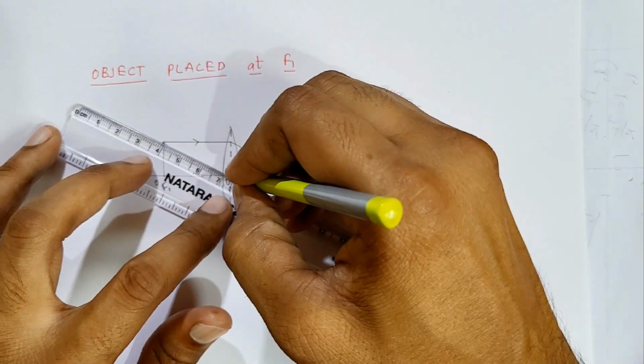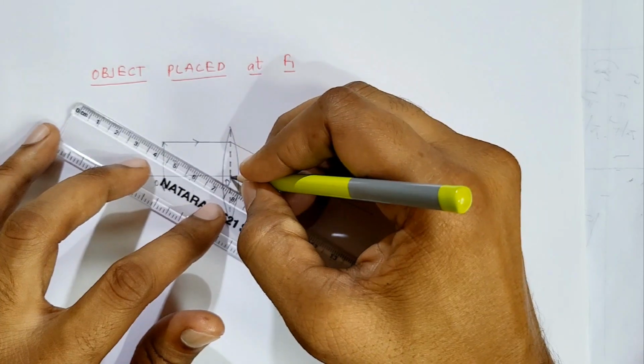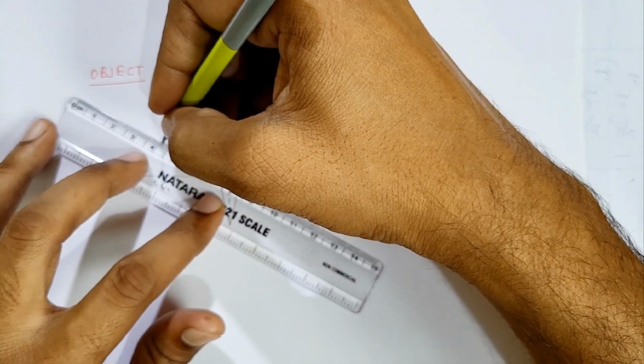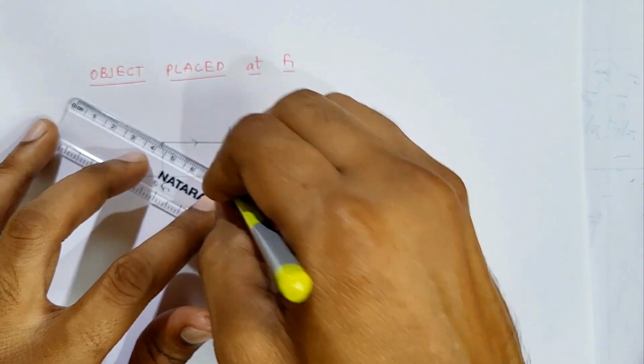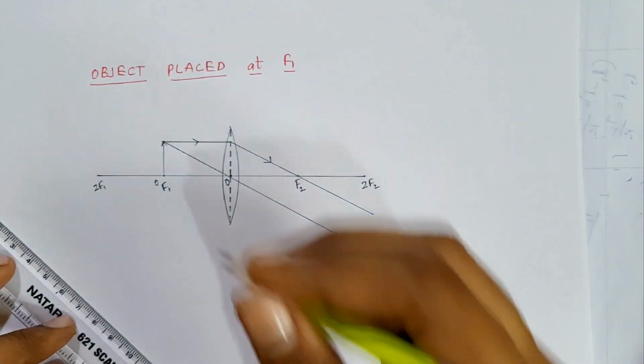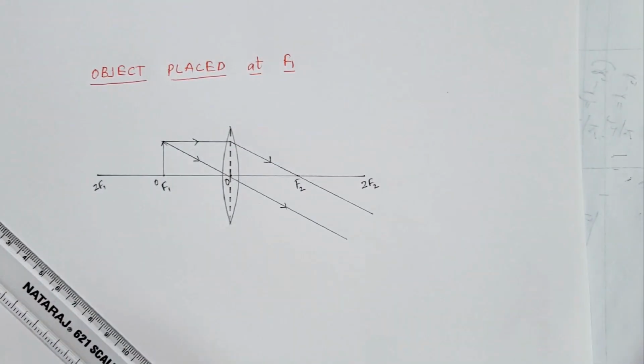See, this is the optical center and this is the object. Correct? This is the optical center and this one will be the object. These 2 points should coincide on the scale now. Right? See, now these two are parallel to each other.